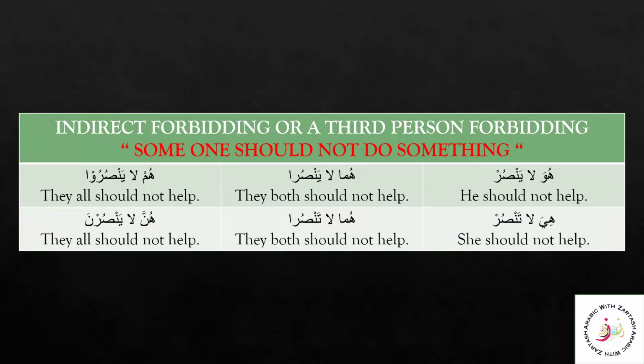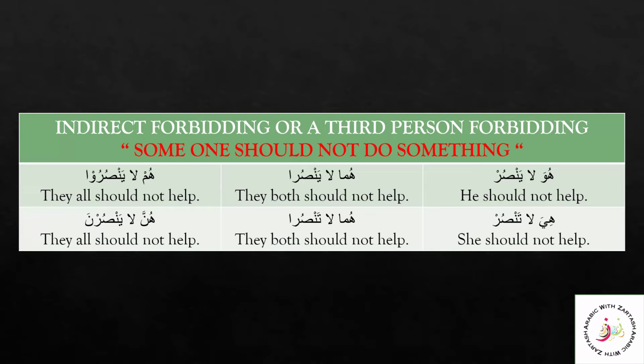It will go like this: huwa la yansur, huma la yansura, hum la yansuru, hiya la tansur, huma la tansura, hunna la yansurna. So here, he should not help. This is indirect forbidding. Like we learned, anta la tansur, you should not help.